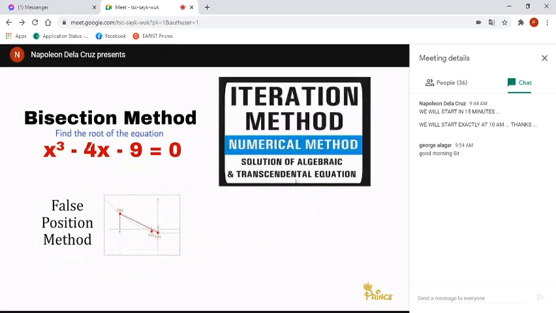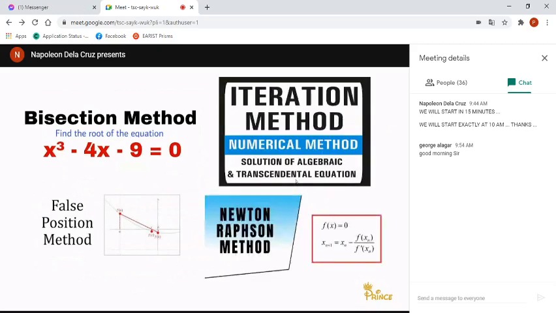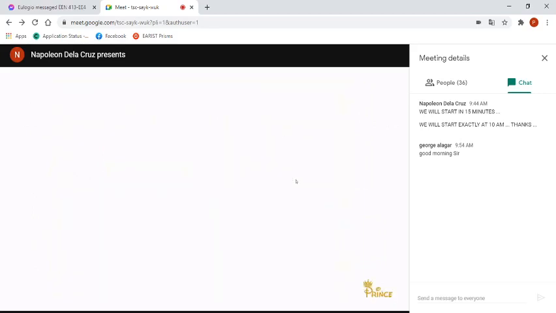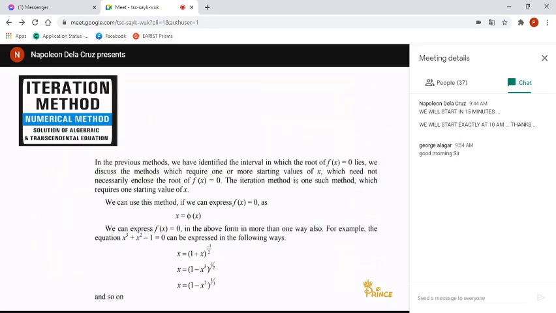Today, we will be discussing iteration method, and then next meeting will be the Newton-Raphson method. Okay, then second method, and so on and so forth. Still have four yatang topics, all in all, or 5. Okay, so iteration method in solving algebraic and transcendental equations.